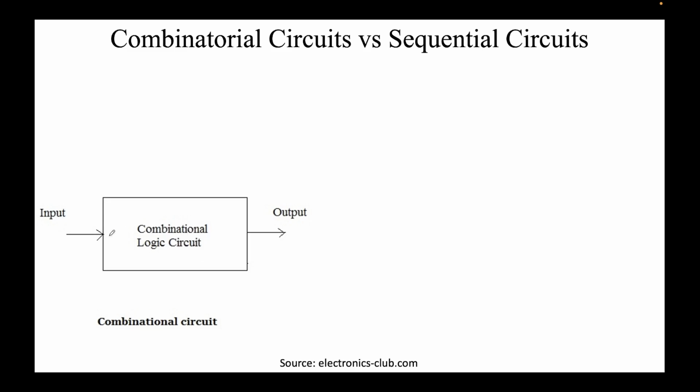So some inputs are coming, some voltages, some signals A, B and C, digital inputs, right? And let's say there is an output X and an output Y. So X and Y are functions of A, B and C. Output is a function of just the current values of A, B and C, not the previous values.